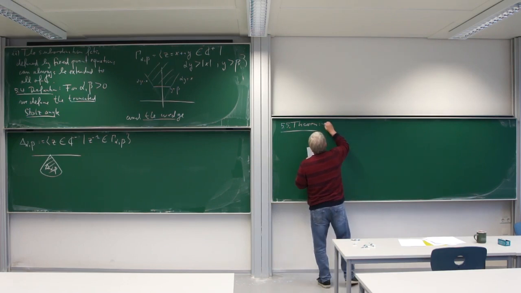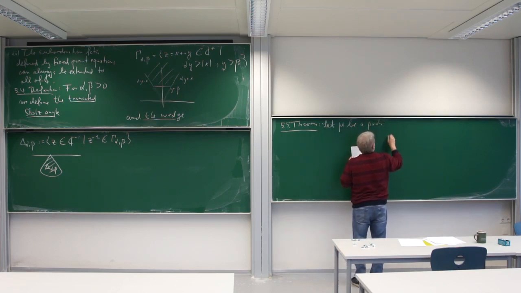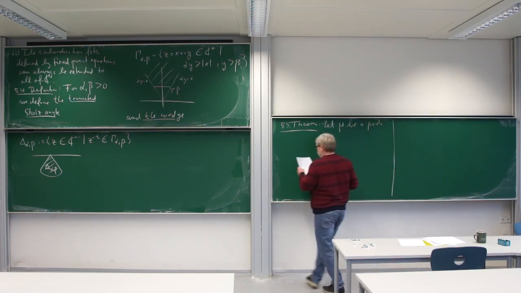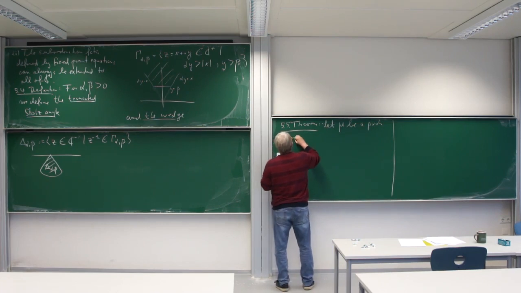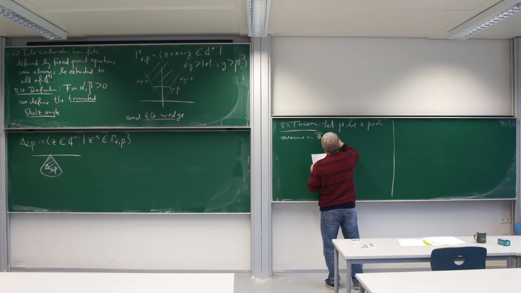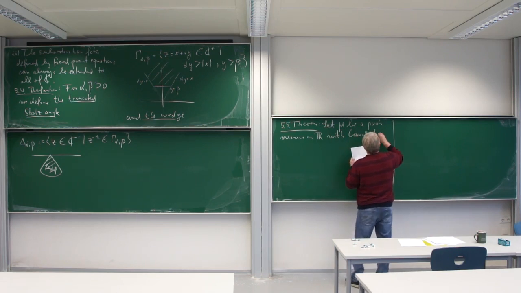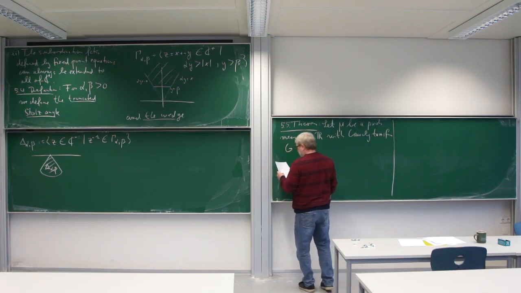So we consider a probability measure, let mu be an arbitrary probability measure on R, and we denote its Cauchy transform by G.